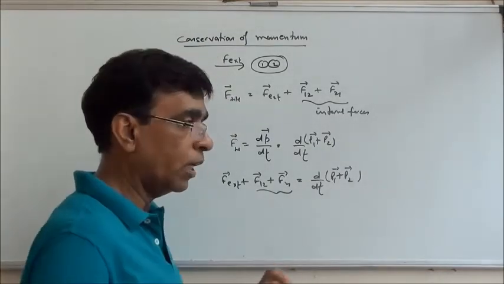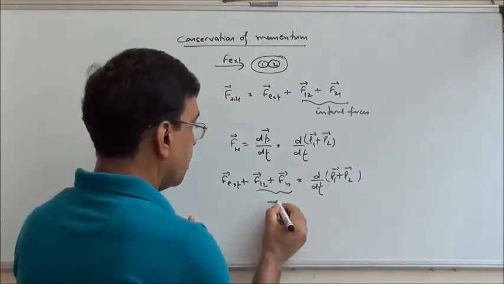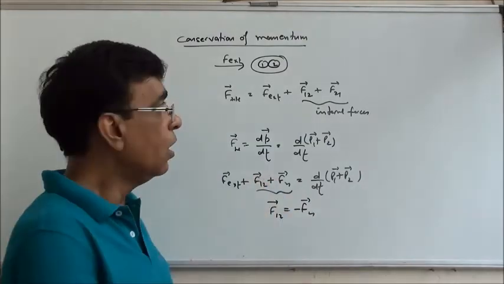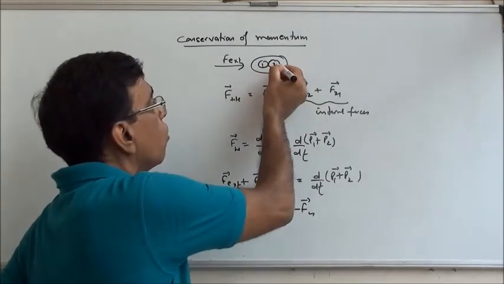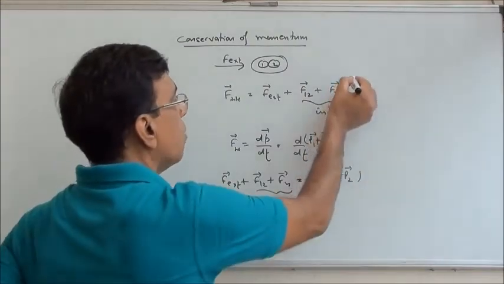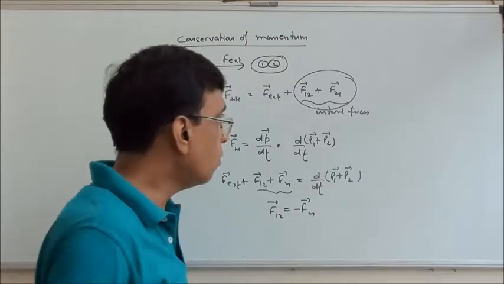But Newton's third law actually makes it very simple. Every action has an equal and opposite reaction. So whatever force this is applying onto it, this will apply an equal and opposite force onto it. So what will be the sum of these two? This will always be 0.